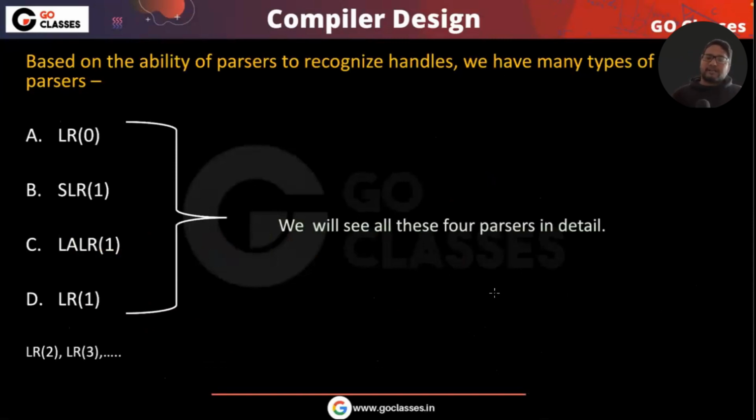So let me summarize that the bottom-up parser is also called a shift-reduce parser, but you can call it anything.